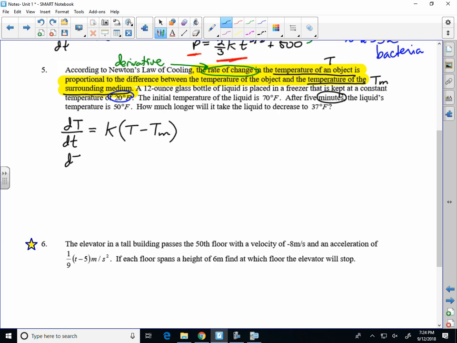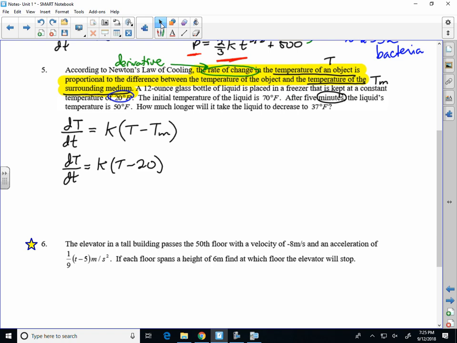So dT/dt, d capital T d lowercase t, is equal to K times capital T minus 20. So it's the rate of change, which means derivative. So replace the words rate of change with derivative in the sentence.